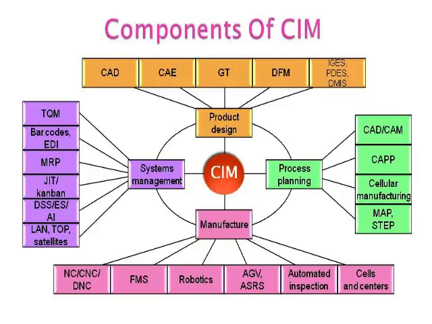For process planning, you have CAD/CAM packages, CAP packages, cellular manufacturing concepts, MAP, TOP technologies, STEP technologies. We have STEP technology, right? All of them are available here. When it comes to manufacturing, NC, CNC, DNC, FMS, robots, AGVs, ASRS, automated inspection, cells and centers.